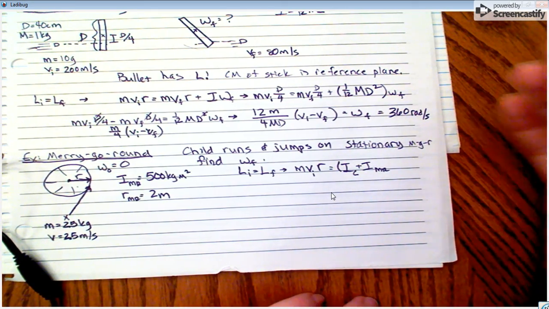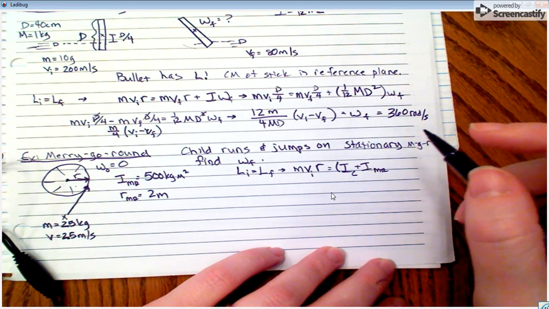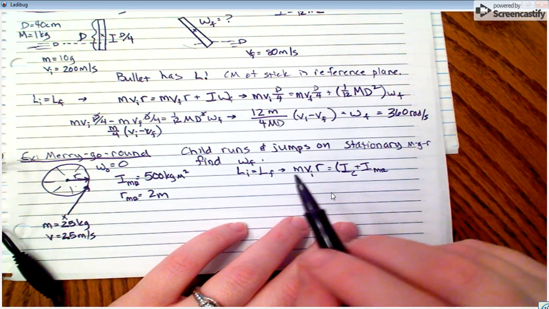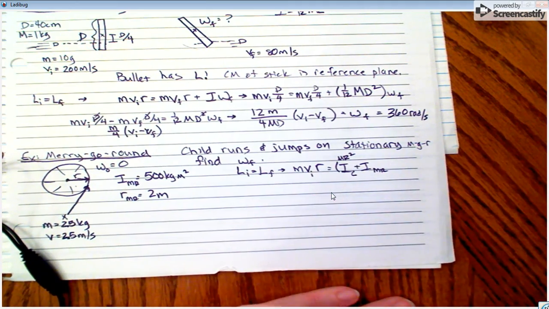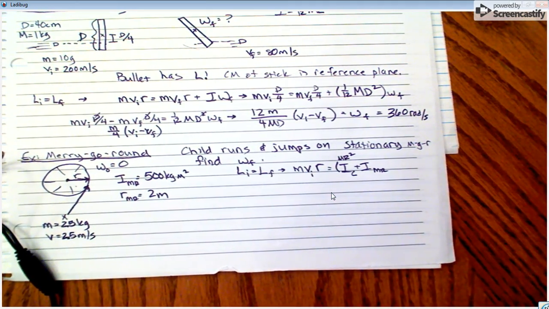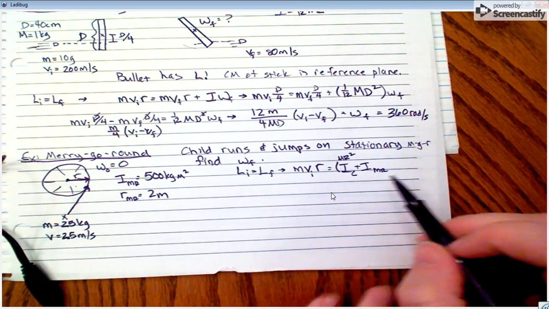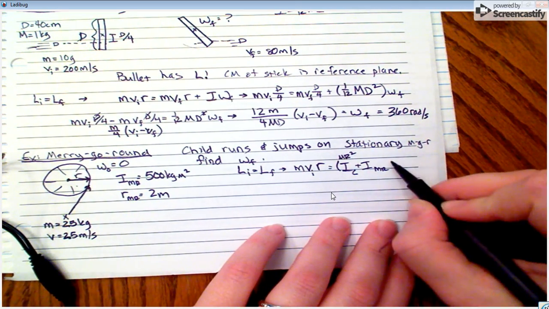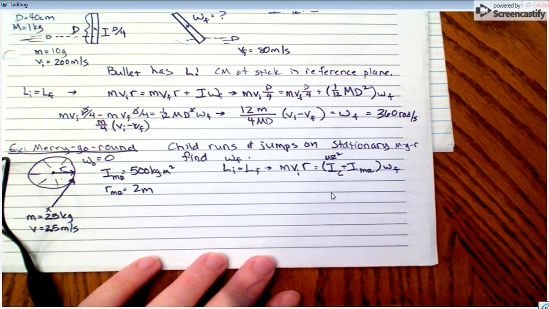Just treat him as a blob, okay? m r squared. Just plug in m r squared for the moment of inertia of the child, and you know the moment of inertia of the merry-go-round. We're going to multiply those by their equal final angular velocity. Plug and chug from there. Pause it, see if you can solve it if you haven't already.